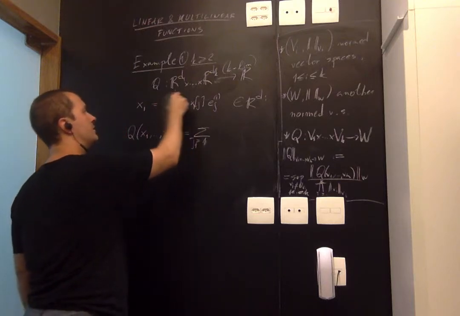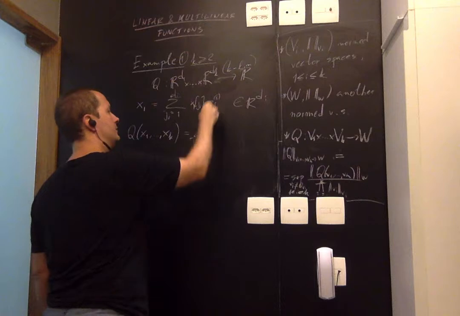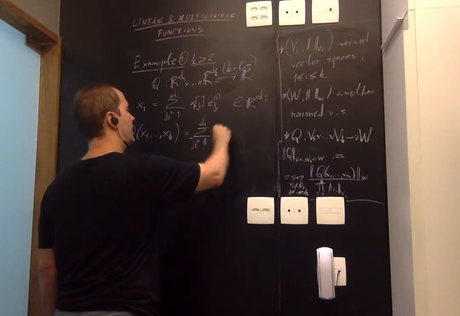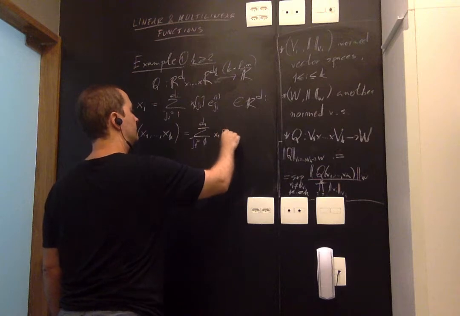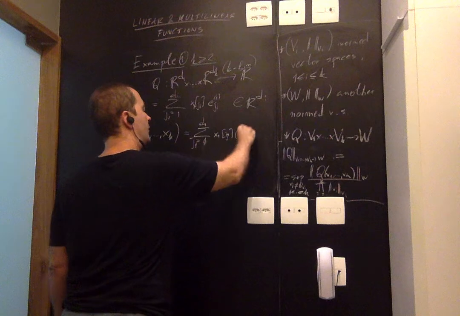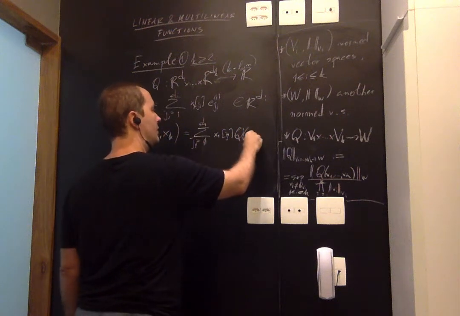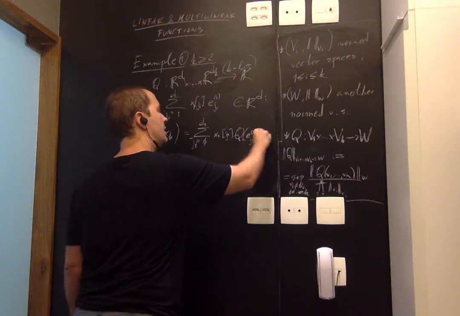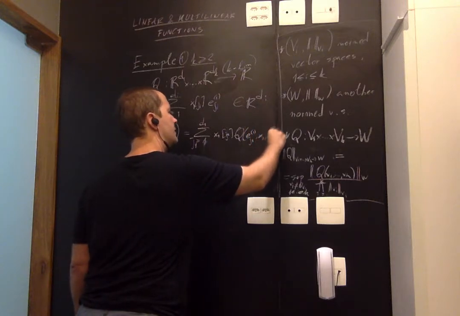So I add an index j_1 going up to d_1, and then I have x_{1,j_1} times Q of the j_1 canonical basis vector, x_2, up to x_k.